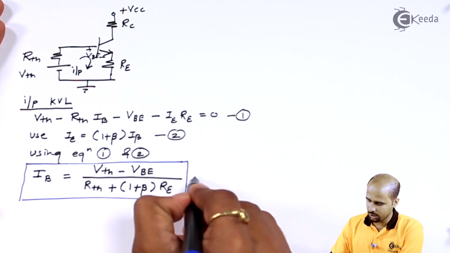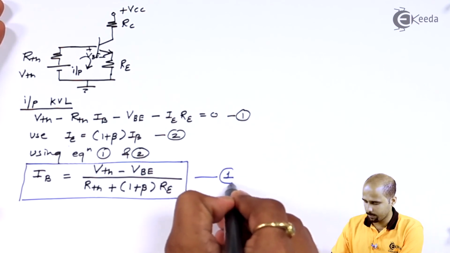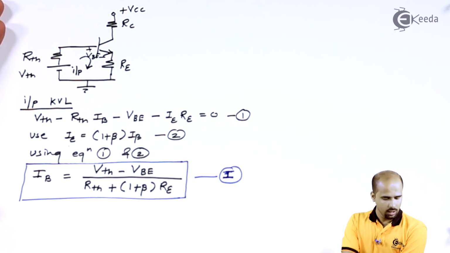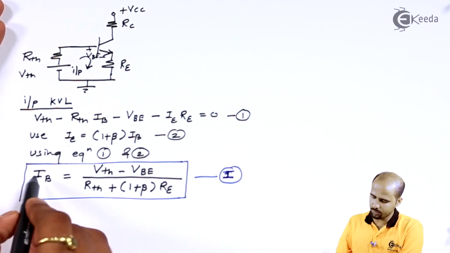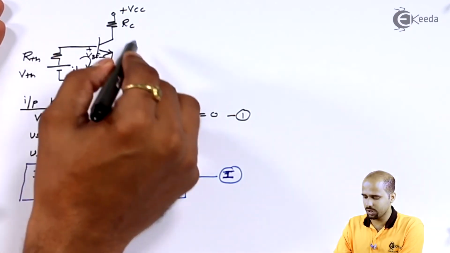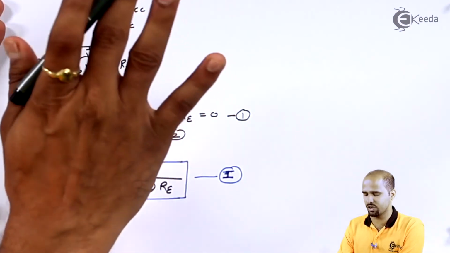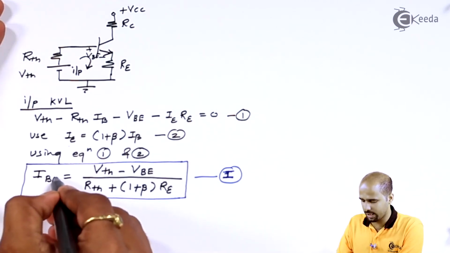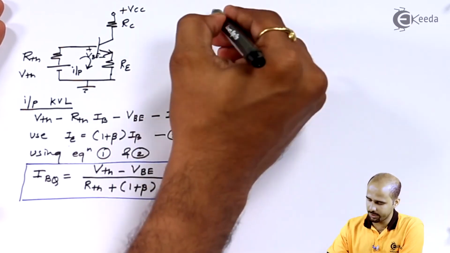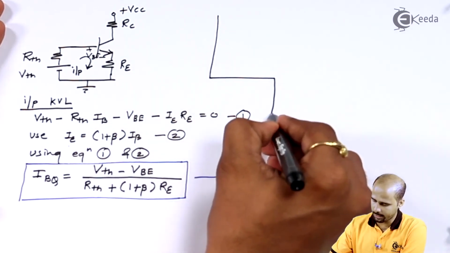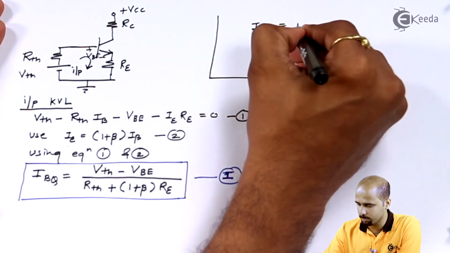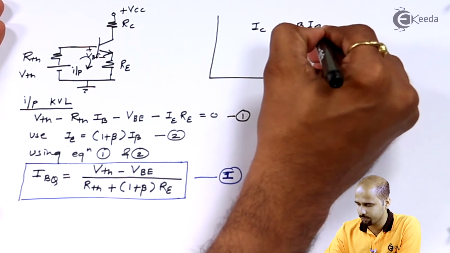So this is your equation number 1, right? As I know the relation between the base current and the collector current. For this particular biasing, whatever IB I get is called IBQ. Now I know the relation between the collector current and base current: IC is equal to beta times IB.